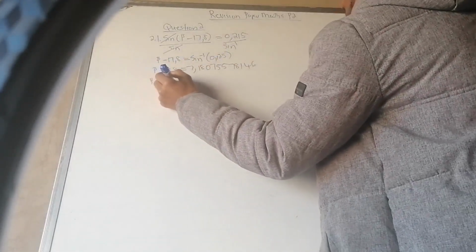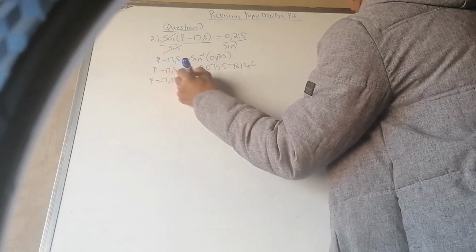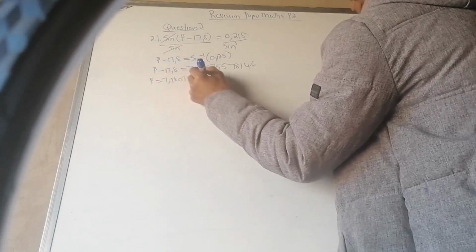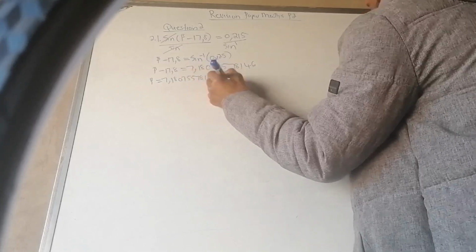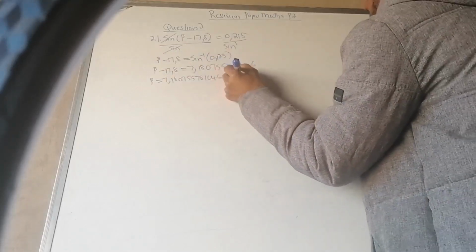Your beta is 7.180755781146 plus 17.8, the value plus 17.8.